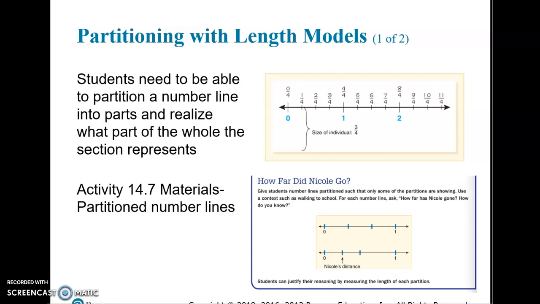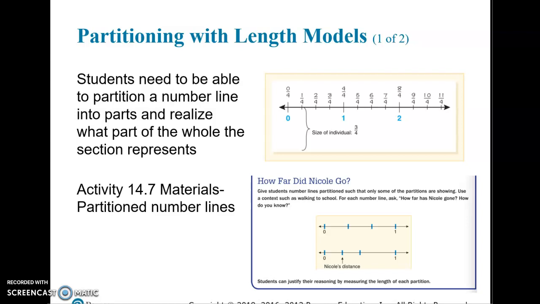In Activity 14.7, students are shown different number lines, with Nicole's distance being a different length. Students didn't have to show the length from that point on to the end of 1. Some people, if students show just one tick line, that would be wrong, because the distance from Nicole was not measured accurately.